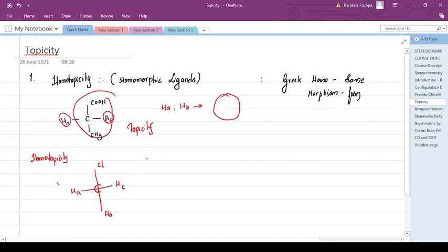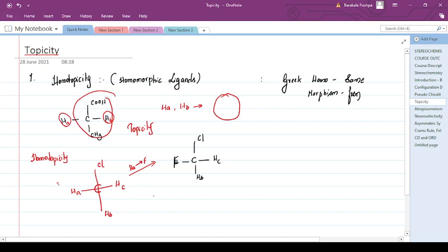Now let us replace HA by fluoride. What happens to this molecule? You have carbon, chloride, HC remains as it is, HB, and HA is replaced by fluoride.